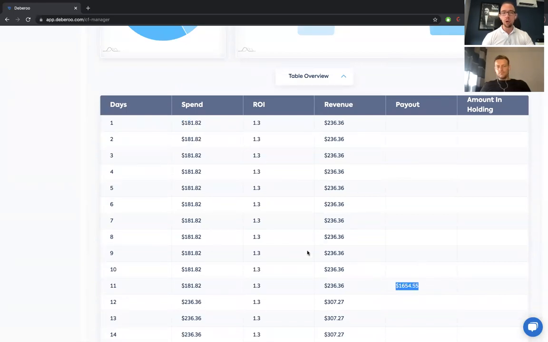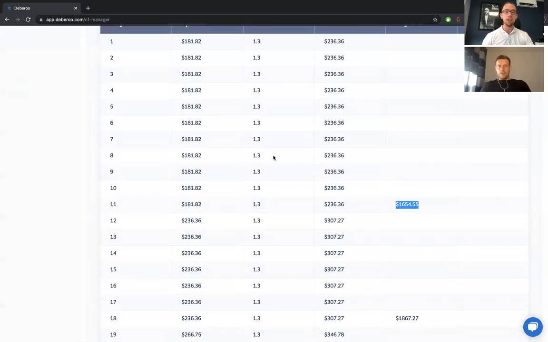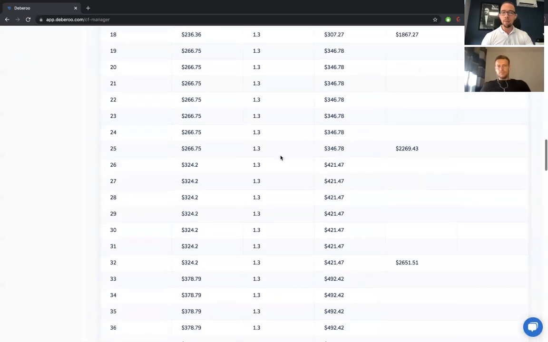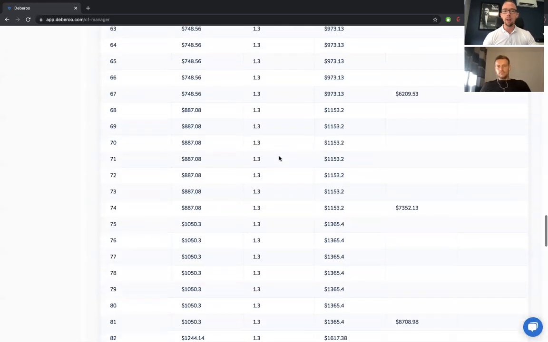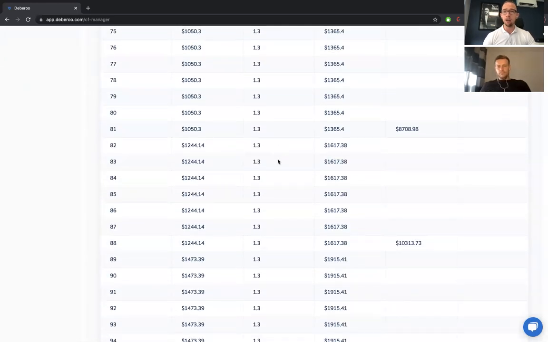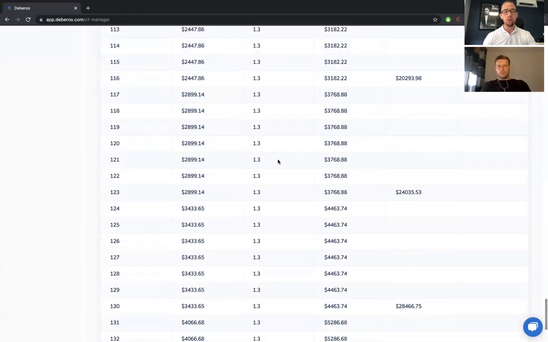So it's basically working a system that is continuously looking to maximize your return on investment. Obviously, to do this in real life, it will be quite difficult. You'll probably put in $180 a day. You have to see if it spends and everything. But this is obviously an amazing guideline to follow in order to get what you want.